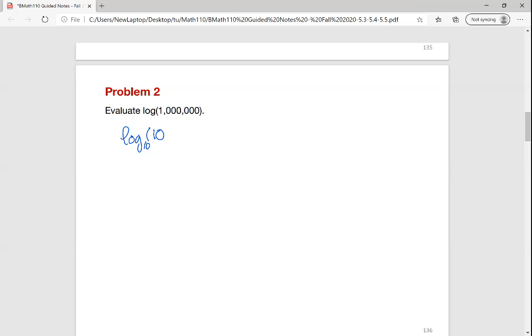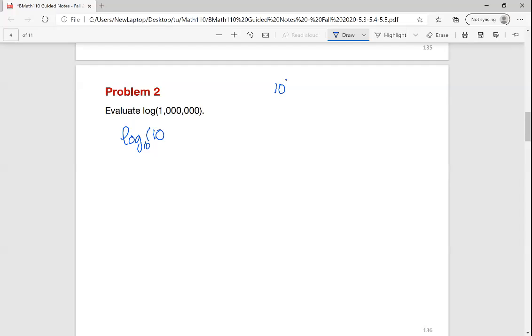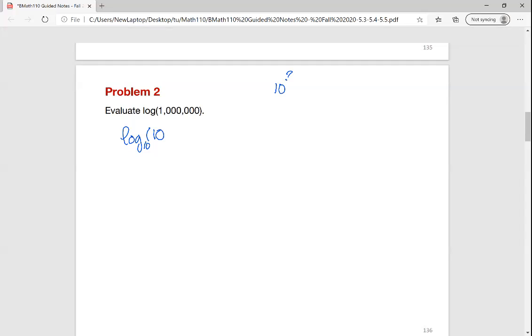If you see a log without the base, it means base 10. Now I want the argument to be base 10. What is 10 raised to something to make it equal to 1 million?